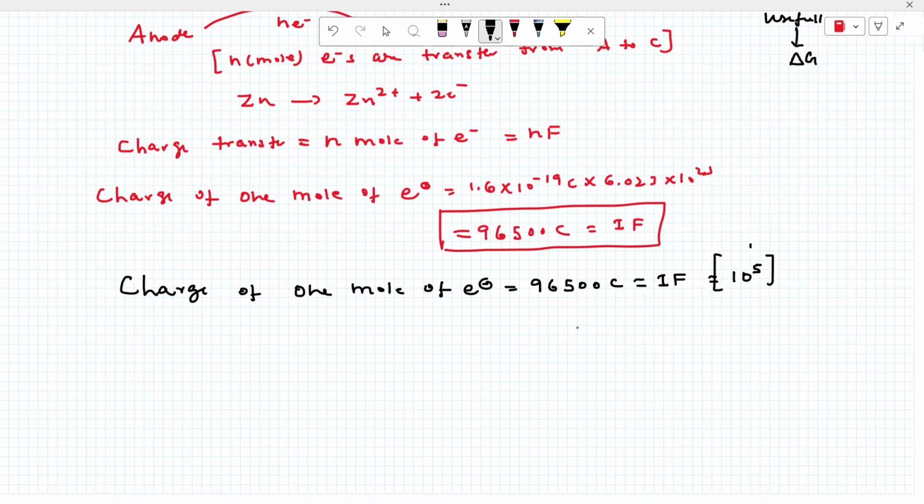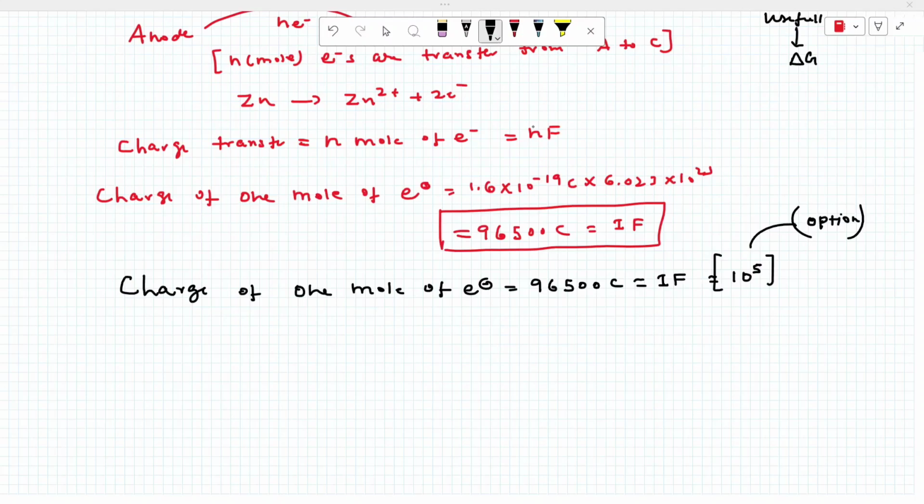For simple calculation, we take 10 power 5. When options are very close to each other, we have to substitute the Faraday value as 96500 coulomb. Understand?